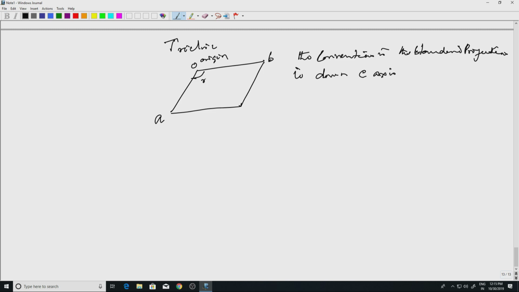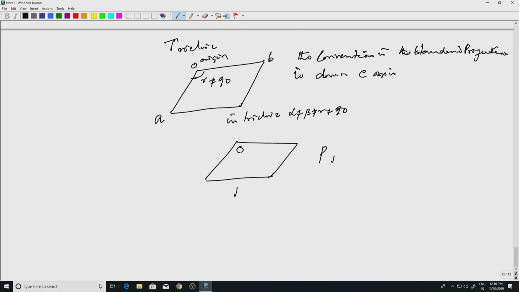Then this becomes gamma. In triclinic, we remember alpha is not equal to beta is not equal to gamma is not equal to 90. So this is not equal to 90. Now when you take this one, I got only 1. So in primitive it is P1.